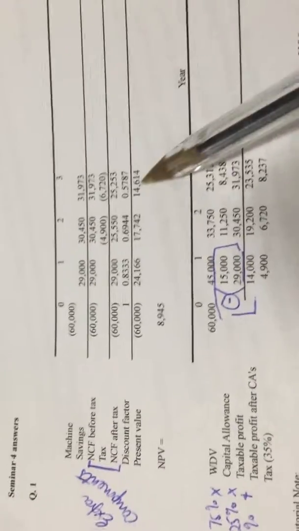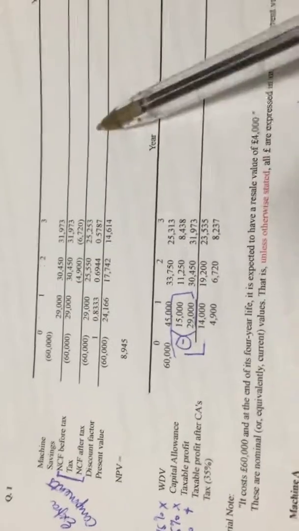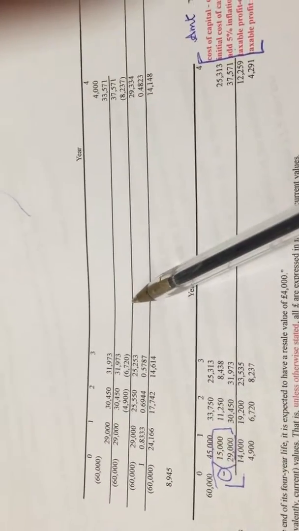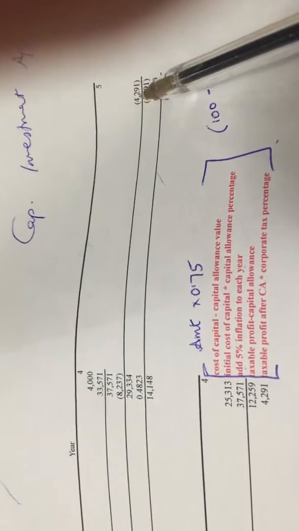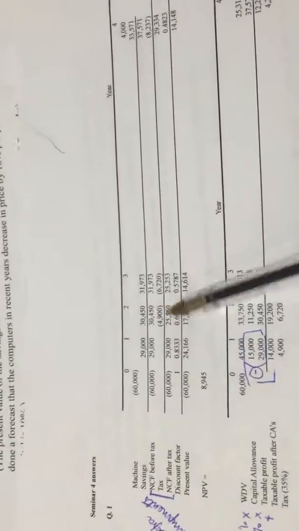So notice that we need to start to deduct the tax from year 2. So it will be minus 4,900, 6,720. Because we are starting from year 2 and it's for 4 years, you are going to end up having a value in year 5 because you started deducting tax from the 2nd year.